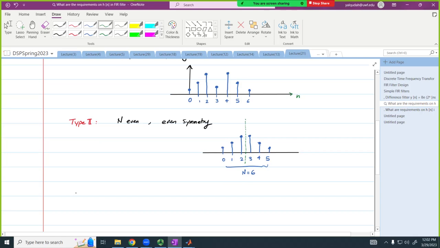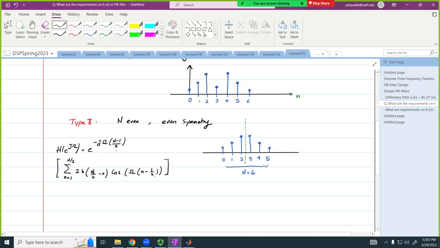Now if I look at this filter type, I can write H of e to the j omega as equal to e to the negative j omega times N minus 1 divided by 2, multiplied by the summation from n equal 1 to N over 2 of h of N over 2 minus n multiplied by cosine omega of n minus 1/2.